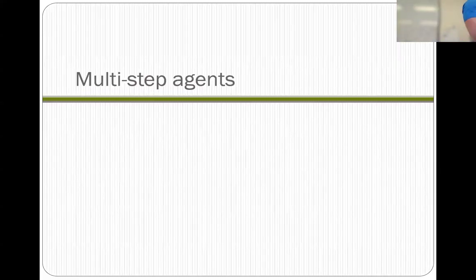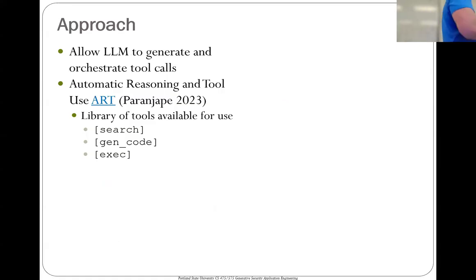Okay, the next thing I want to talk about are multi-step agents. And these are the agents I kind of showed you in the animation. So I'm going to first talk about kind of a system that led up to this. So back in 2023, there was this automatic reasoning and tool use. And the idea is to allow that LLM to generate and orchestrate tool calls in order to solve a prompt.